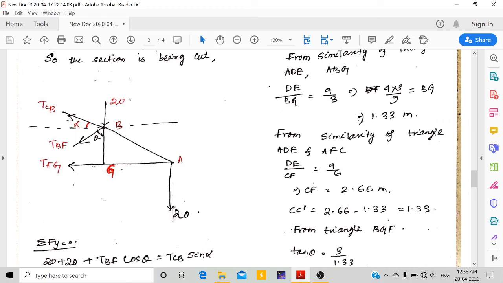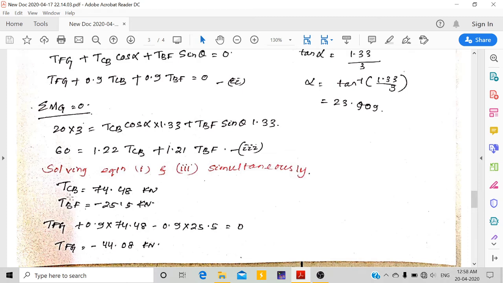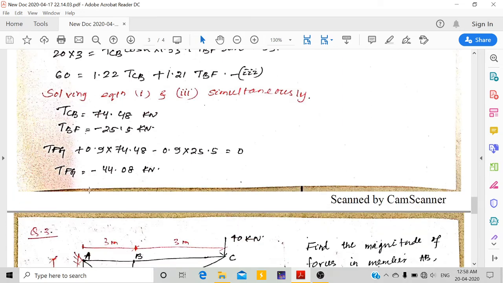So its cos component is anticlockwise and the distance is 1.33. So solving equations 1 and 3 simultaneously, we get the TCB and TBF values. Once we get the TCB and TBF values, we can substitute in equation number 2 to get our desired solution.